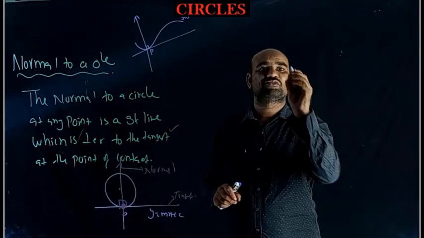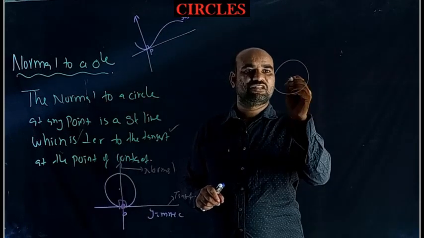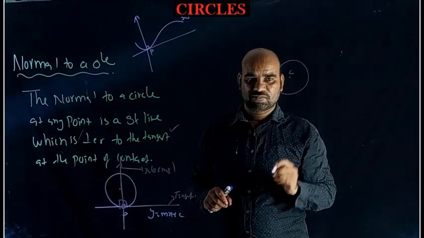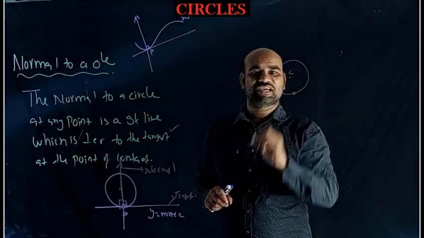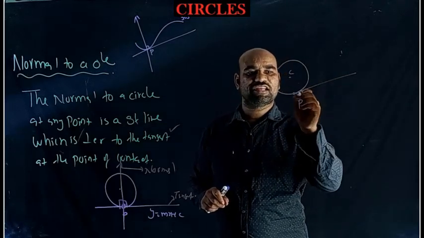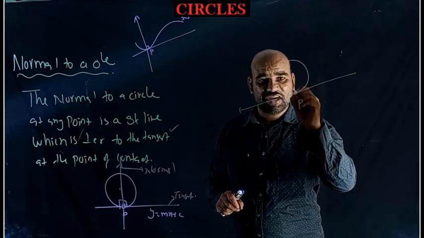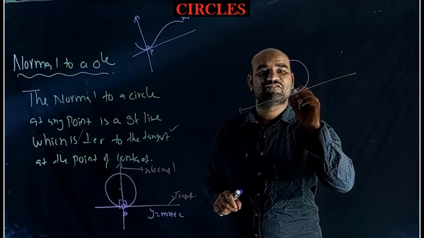Now observe here. This is the circle. This is the center of the circle. Any point is taken on the circle, say P. Through this point P, you can draw a unique tangent. Center and the point of contact are joined. Already you know that this is 90 degrees.